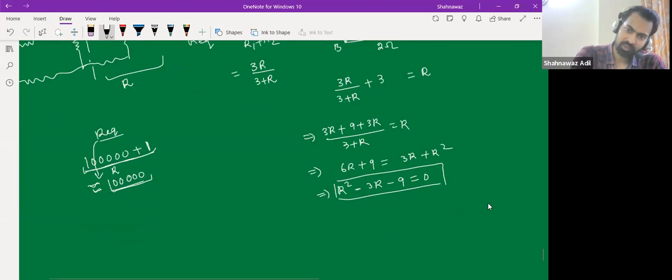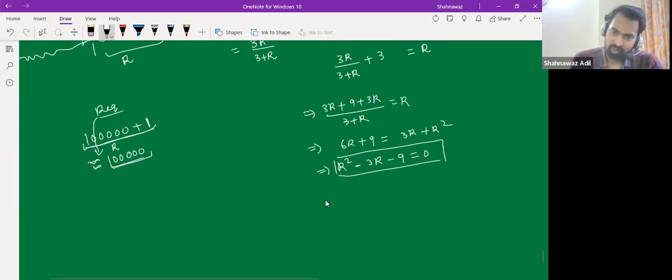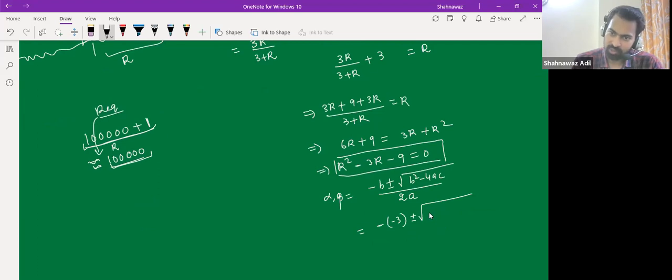What is the solution of this quadratic equation? Alpha and beta would be minus b plus minus the square root of b square minus 4ac, by 2a. So this would be minus of minus b, and plus of b square, which is 9, minus 4, and a is 1, into 9, minus 9.